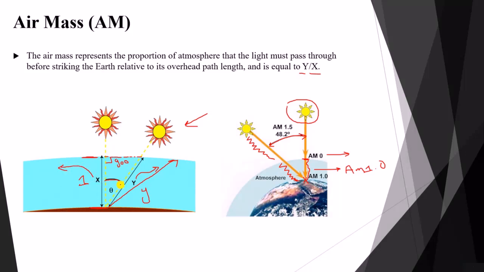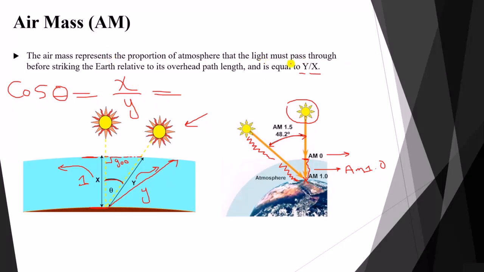From trigonometry, we know that cosine theta is equal to x over y.